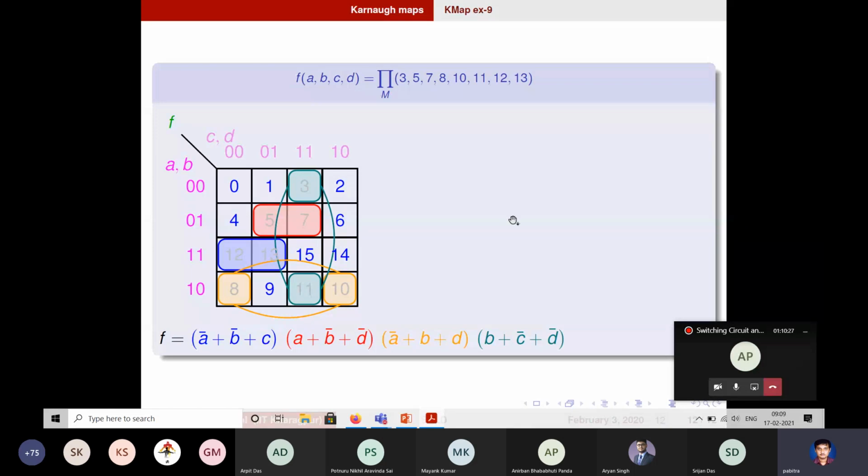Let me come back to one more expression. I have explained how diagrammatically you can do all this, but as I have said, you have to now do all this algorithmically. For that, I need some definitions.